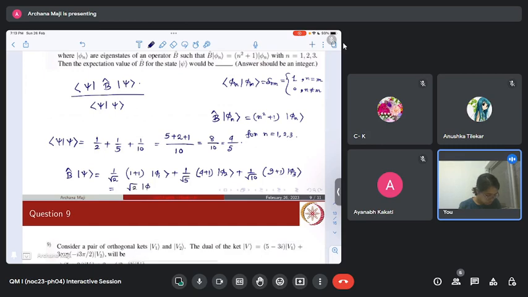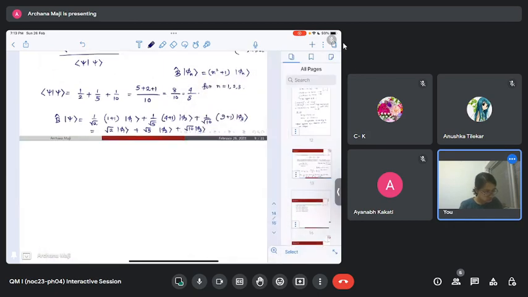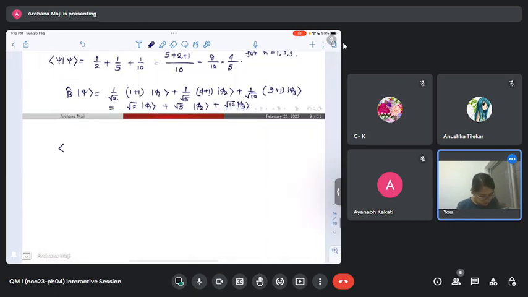So that is square root 2 phi 1 plus square root 5 phi 2 plus square root 10 phi 3. So it would then be 1 over square root 2 phi 1.